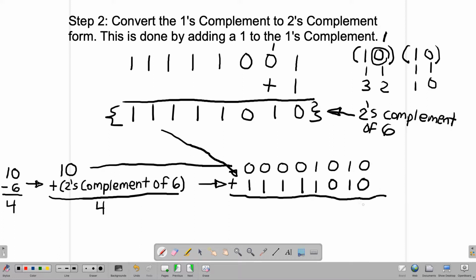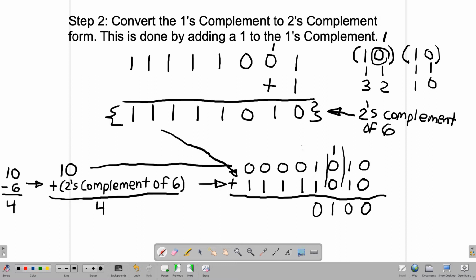So we have 0 plus 0 is 0. And we have 1 plus 1 is 2. But we said up here that the value 2 is represented by the value 0 in binary. So we put a 0 here and we do a carry. So we add everything in this column, and the value 1 goes here. And then we add a 1 and 1 produces a 0.